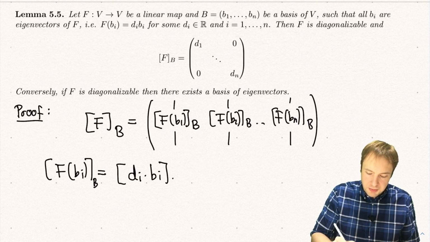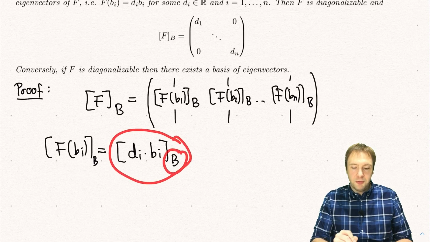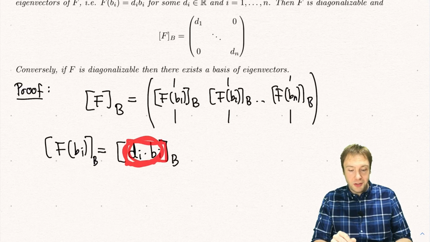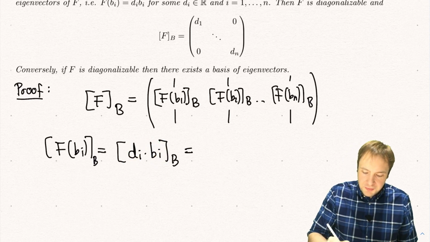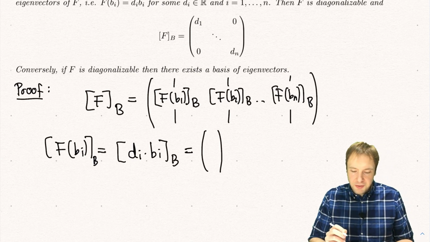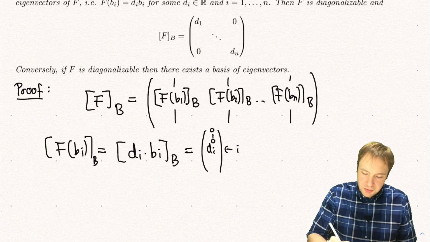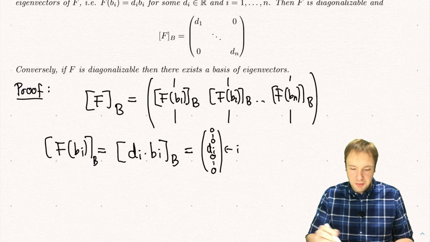Remember, calculating the coordinate vector with respect to some basis meant I need to ask myself, how can I write this element in the vector space as a linear combination in my basis? But here, this is just a multiple of one basis vector. So this is exactly the vector which has the entry di at the ith position, and the rest is 0, because it's just di times the ith basis vector.